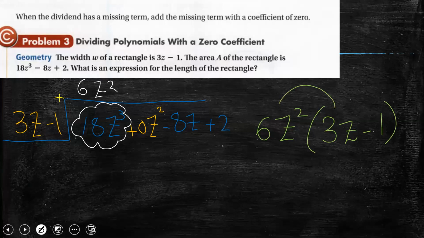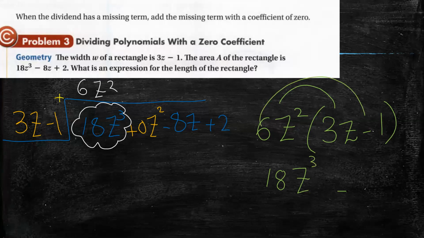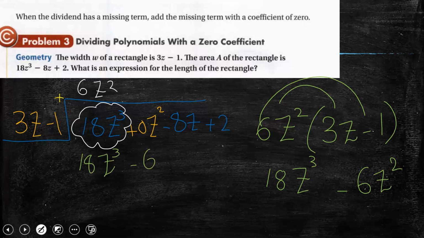Then it will be 6 times 3, 18z cubed, minus 6z squared times 1, it will be 6z squared. Now, let's write the answer here. 18z cubed minus 6z squared.